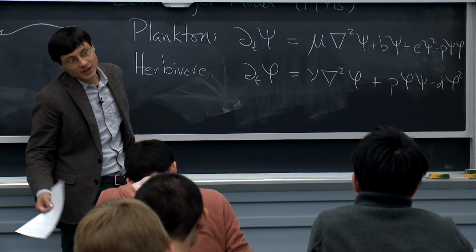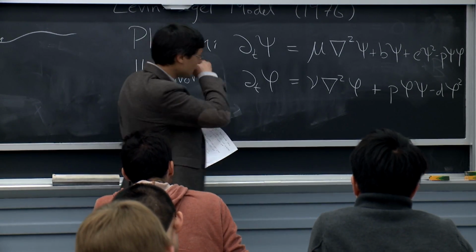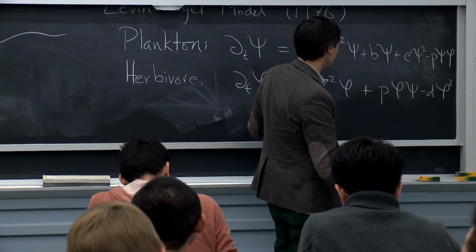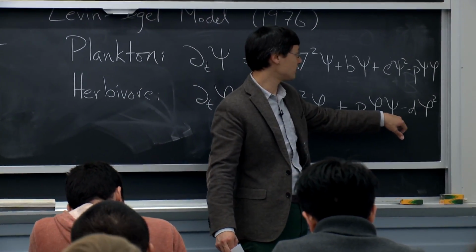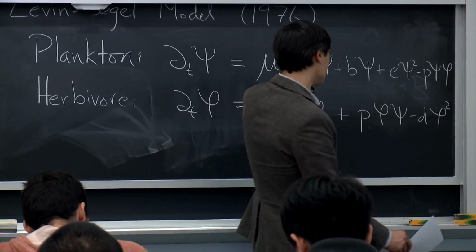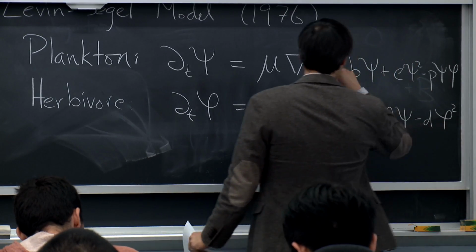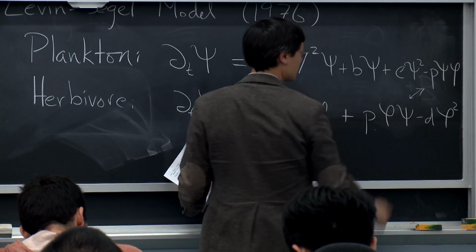The herbivore. Well, all right. So herbivores are not what they used to be. Indeed, the herbivore benefits from the presence of the plankton. So nobody cares about plankton, I guess. So this corresponds to the predator-prey type interaction.